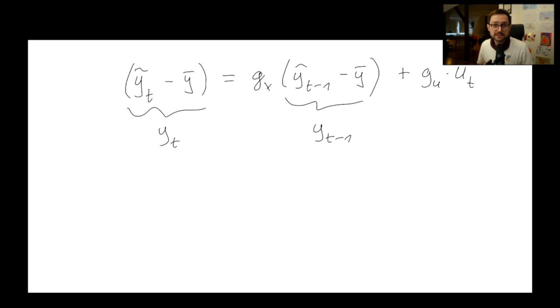So these are variables in deviation from steady state. And also let's make the assumption that your shocks are normally distributed with a certain covariance matrix sigma u.